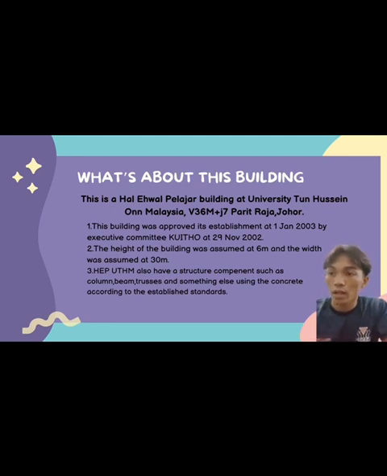The height of the building was assumed at 6 meter and the width was assumed at 13 meter. HEP UTHM also has structure components such as column, beam, trusses and so on, using concrete according to established standard.